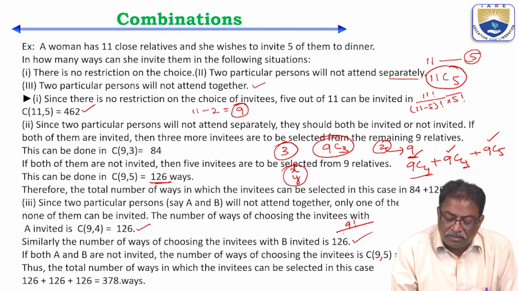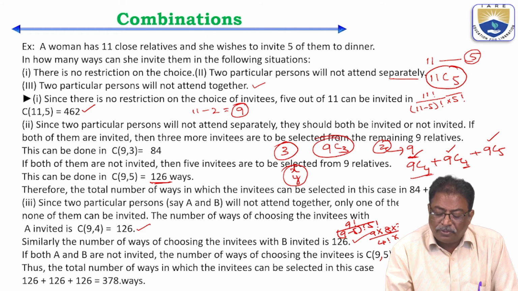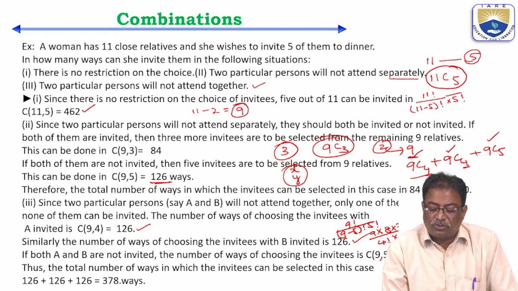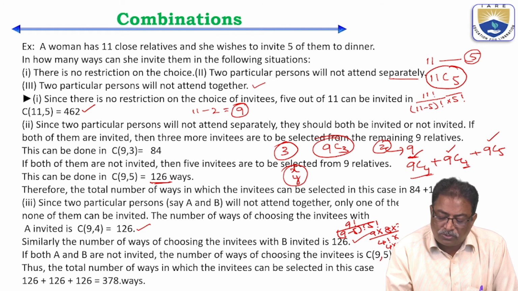So what about 9C5? 9 factorial by (9 minus 5) factorial into 5 factorial. So 9 into 8 into 7 into 6 into 5 factorial by 5 factorial into 4 factorial. The 5 factorials get cancelled. Then it is 4 into 3 into 2, which is 24. So 2 threes, then 4 twos, then 3 threes.